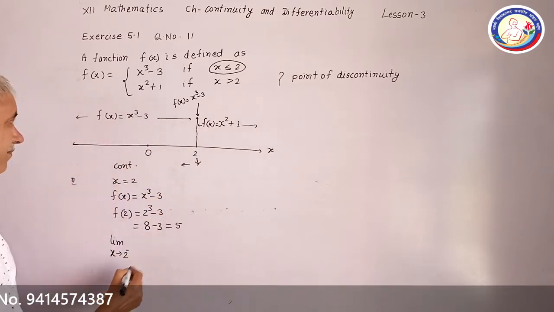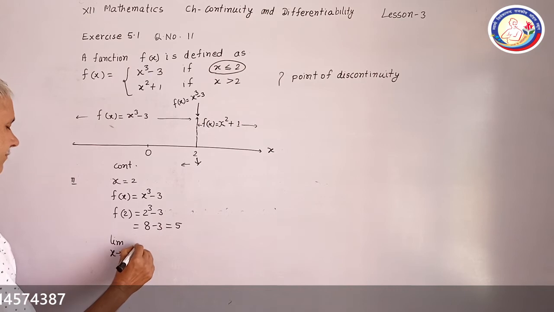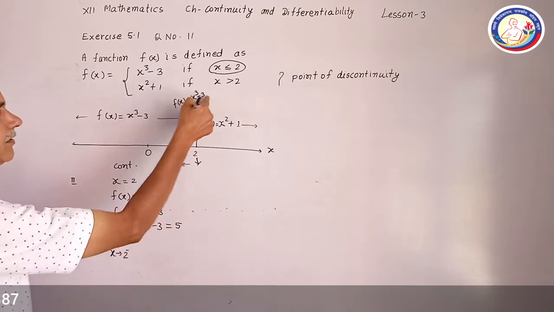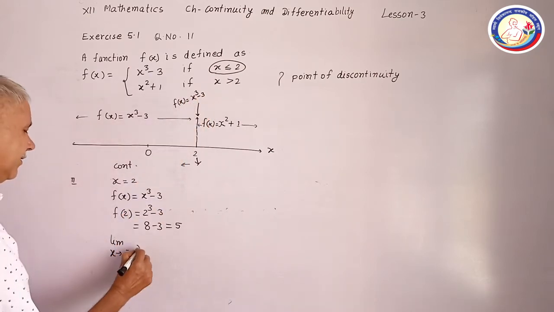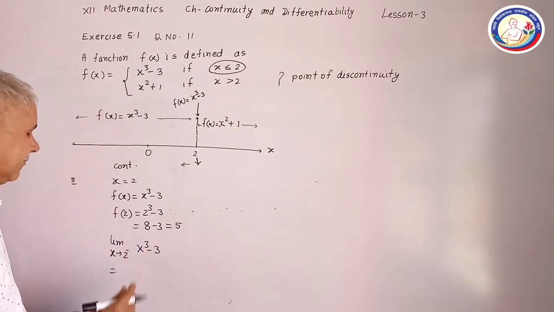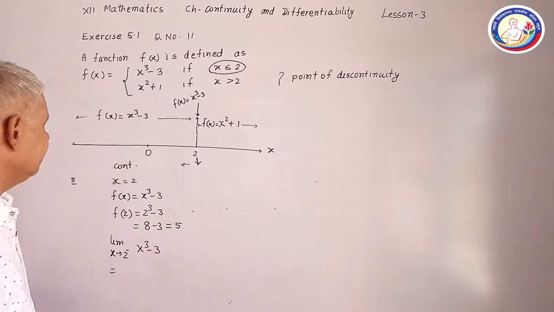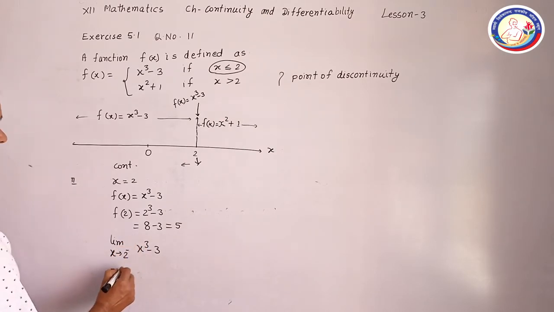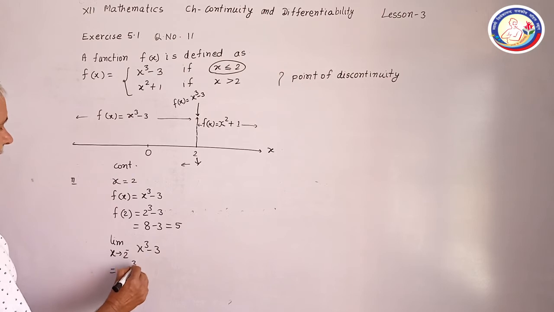The function here is x cube minus 3, and this will be 2 cube minus 3.